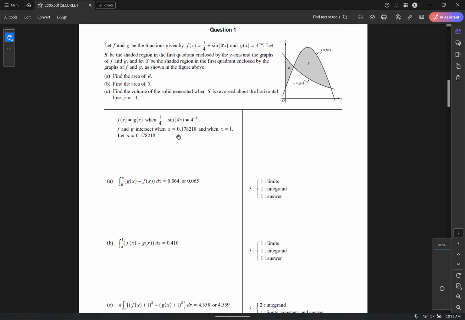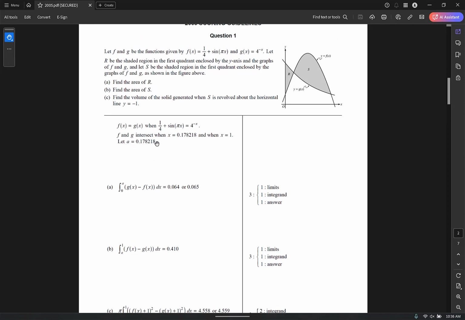All right, here we go. Look how they wrote it. Oh, I like it. They use little a. F and G intersect when x equals 0.178218 and when x equals 1. Okay, that's cool. Let little a equal 0.178218. We chose capital A, no big deal.